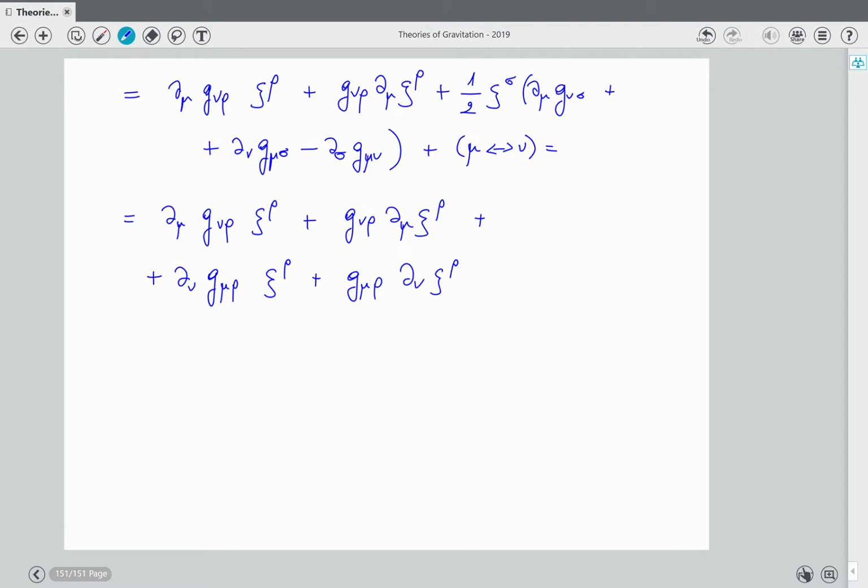And when we symmetrize the other term, which is symmetric already, we just drop 1/2. So we get psi rho partial mu G nu rho plus psi rho partial mu G mu rho minus psi rho partial rho G mu nu.